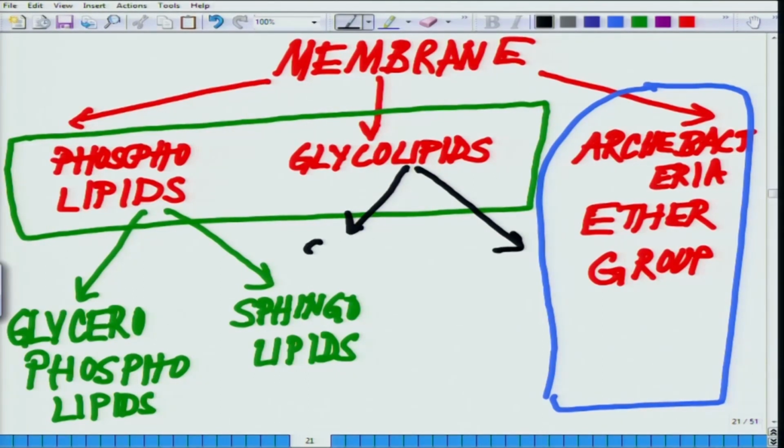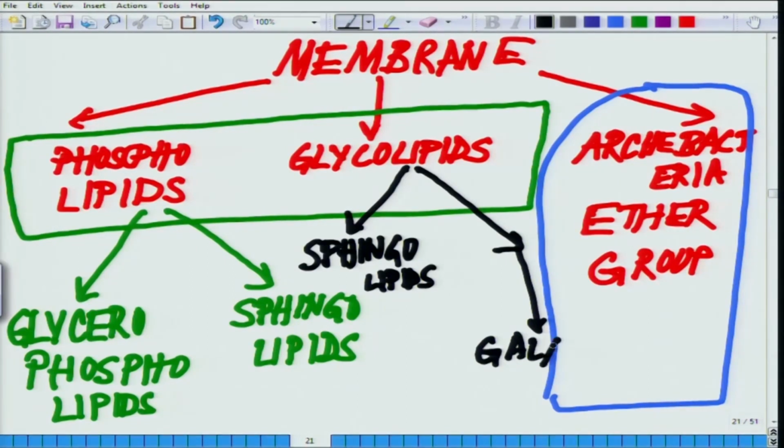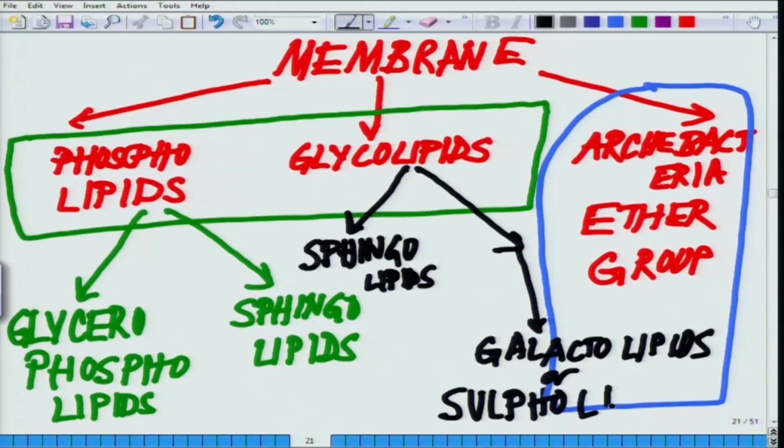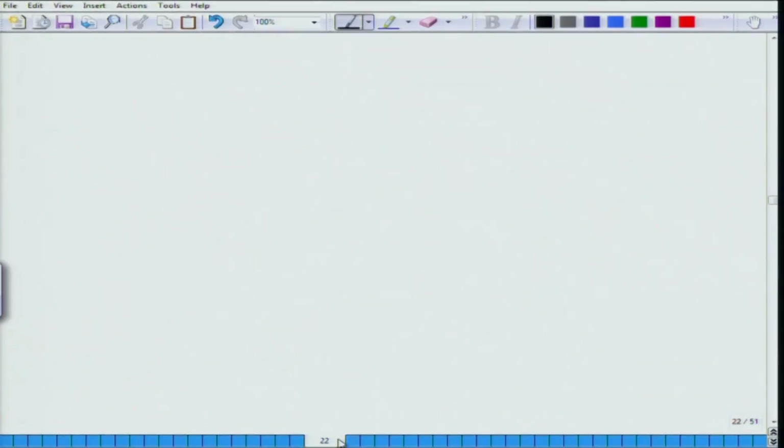One is called, with the same name, sphingolipids, and the other one is called galactolipids or sulfolipids. This is another class. Okay. So, now we will take up first the phospholipids. Okay.